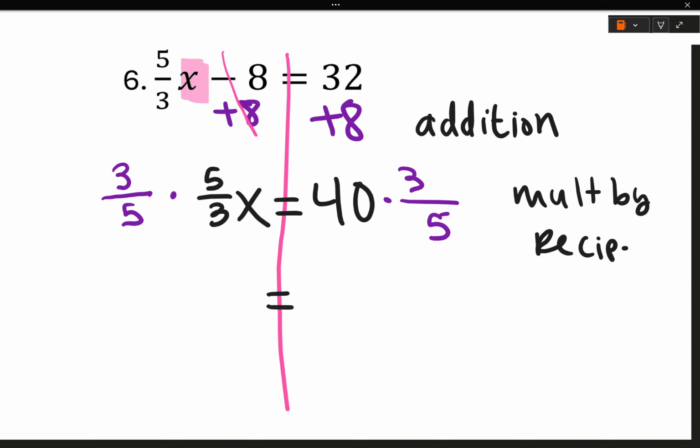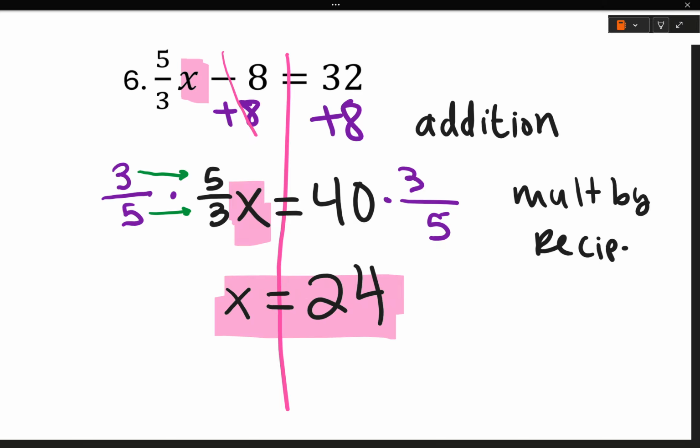Again, I'm going to prove to you every time. I want you to believe me. 3 times 5 for the top of my fraction is 15. On the bottom of my fraction again, 5 times 3, that's 15. 15 over 15 equals 1. So we're left with 1x. And on the other side, 40 times 3/5 is 24.